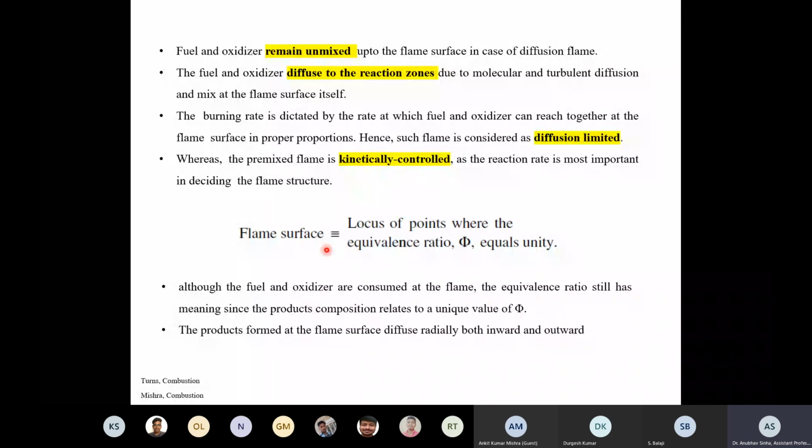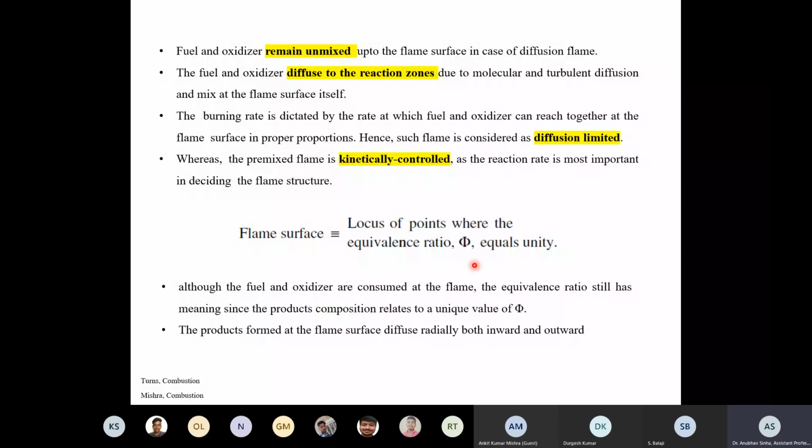Again, for a diffusion flame, the locus of points where the equivalence ratio is 1 is the flame surface. Where they are in correct proportion, they mix, and that is called the flame surface. Strictly speaking, we cannot define equivalence ratio here because it is defined for premixed flames. Here the two substances come together and get mixed; we don't have any mixture beforehand.